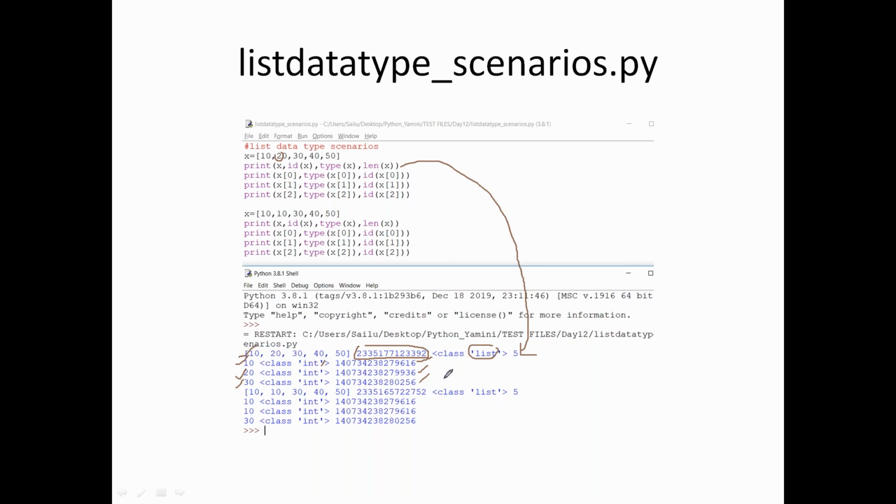Yes, Samar. And now what I'm doing is, just for understanding purpose, this 20 has been changed to 10. What will happen? These two addresses will be the same. For the first position and second position, the address will be the same. As I told you, till the reference count becomes 0, it will hold the same address.